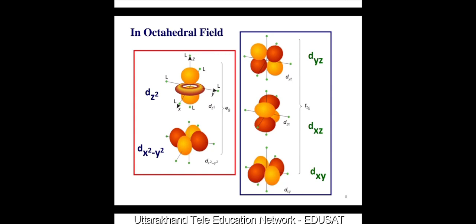In octahedral complexes, the two orbitals of the metal ion, dx square minus y square and dz square, are oriented along the axes and are designated as Eg orbitals, while the other three, dxy, dyz and dzx, are oriented in between the axes and are designated as T2g orbitals.